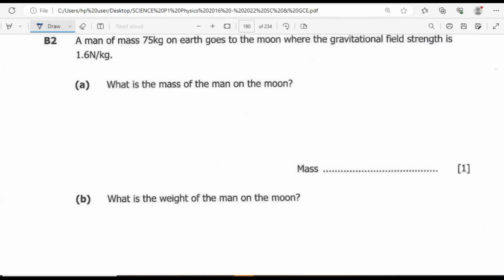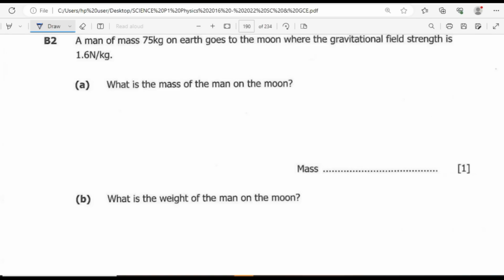Okay, so now we move on to a question where we are dealing with mass on the moon and the mass or weight on Earth. So this question: a man of mass 75 kg on Earth goes to the moon where the gravitational field strength is 1.6. Question A, what is the mass of the man on the moon?